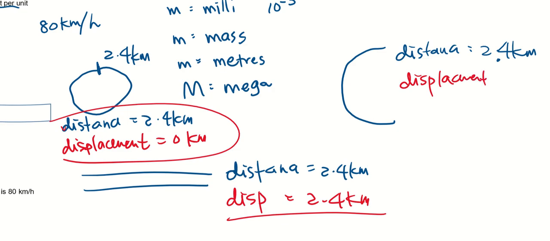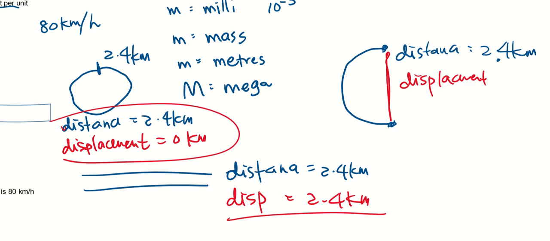The displacement will be this. Where is your starting point? Our start point is here. Where's our end point? It's over here. What is the actual distance that you run? Very tiring, 2.4 km. But where is your displacement? This red color.